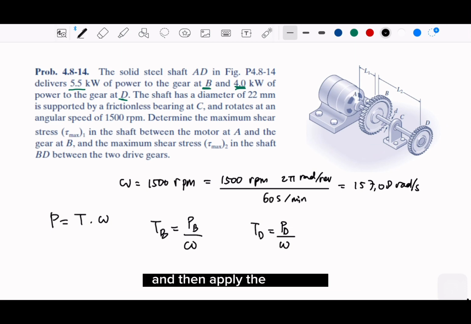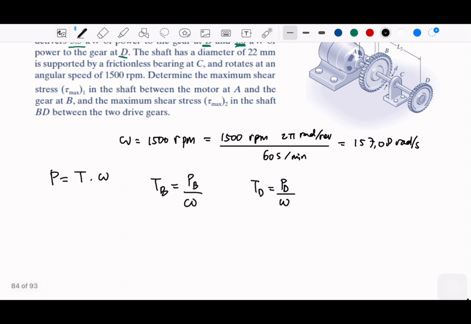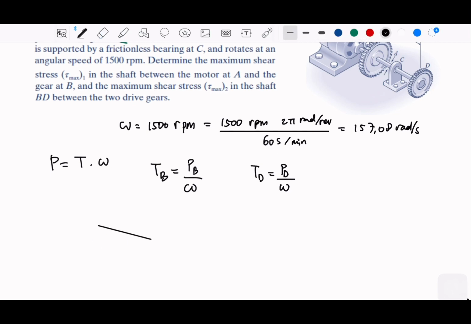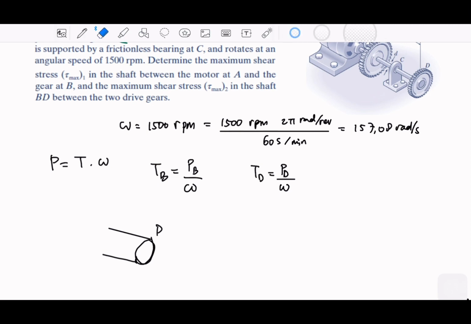Okay, and then apply the diagram. So first we can see the CD. You can see the CD. Let me give you, this is the shaft. Let's say this is D, and this is in between CD.